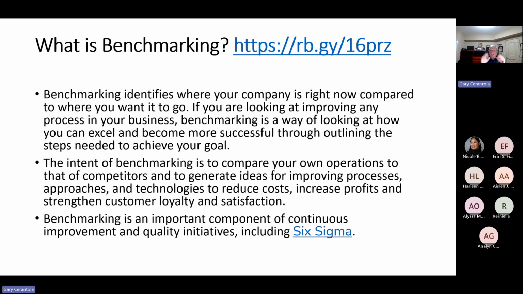So let's just say that you want to be able to manage your supply chain, on where you're buying your products from in your business. Well, where would you benchmark? One of the benchmarks would be Walmart.